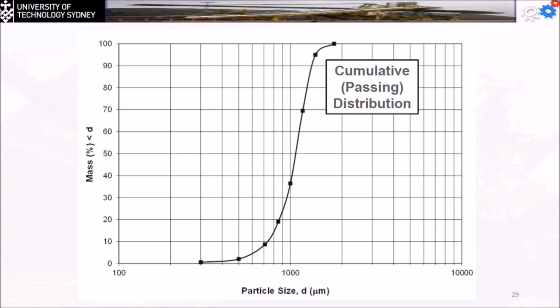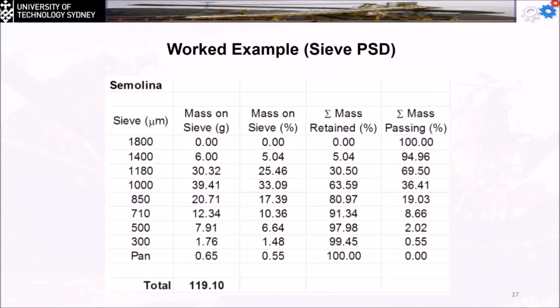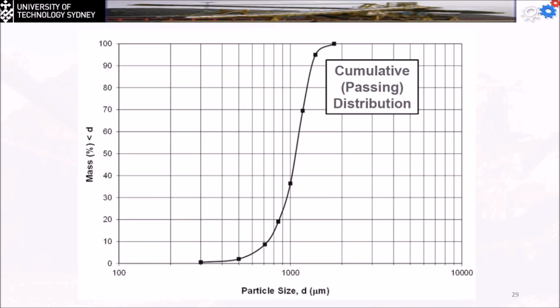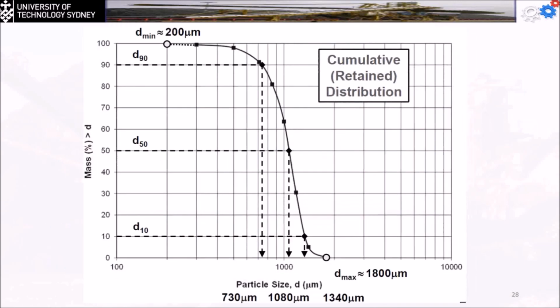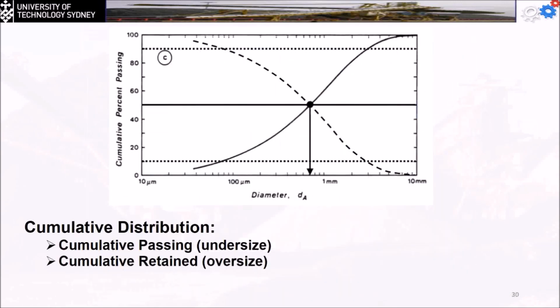Now we have a cumulative passing and the cumulative retained. We put both on the same graph, and we're going to have the intersection between them. Okay, so here we are going to have the average diameter for the material we have tested. That's what you're going to do in the lab.